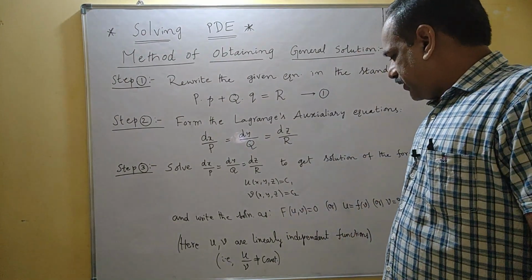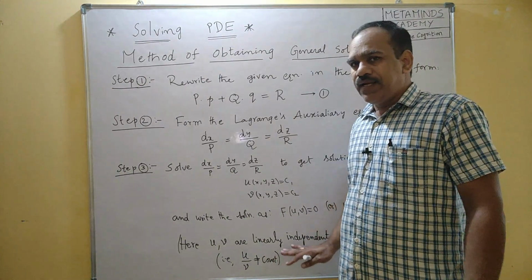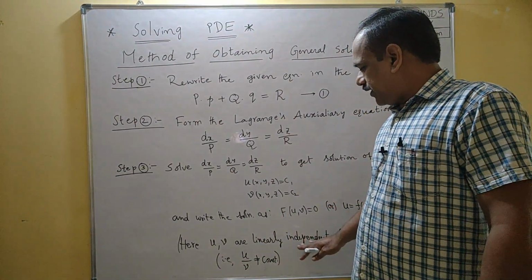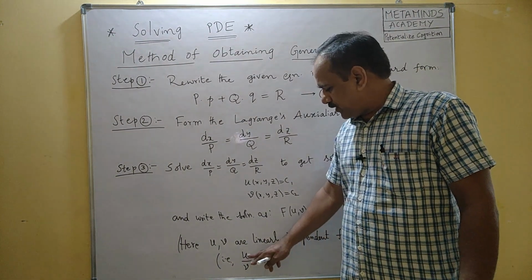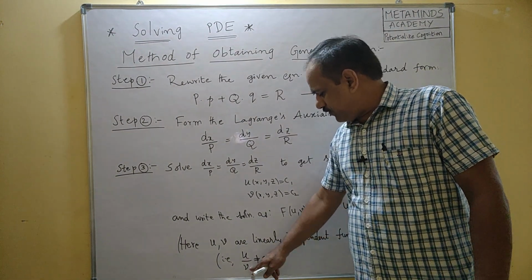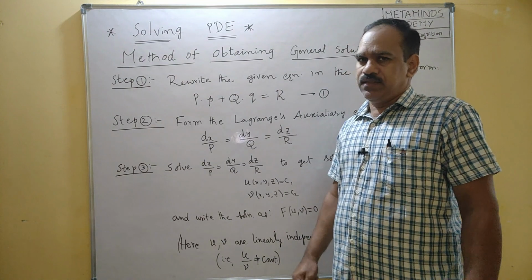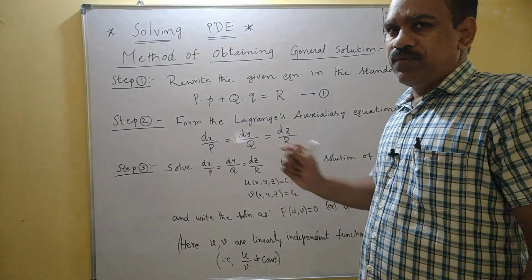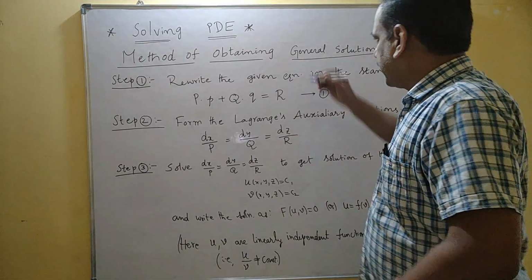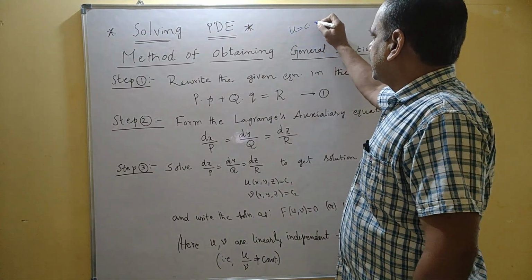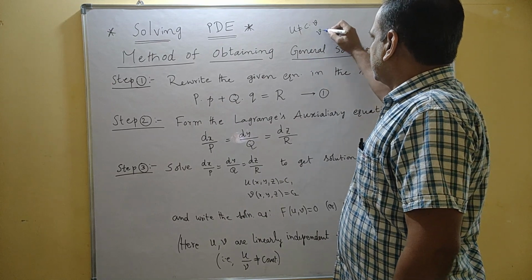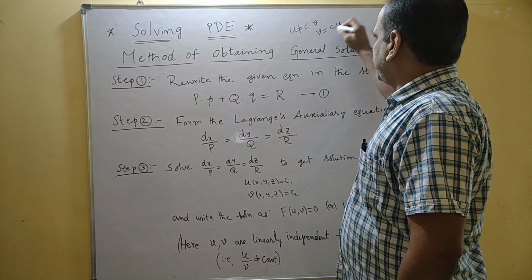Here what are u and v? u and v must be linearly independent functions. That means u by v is not a constant, that is, one function is not a constant multiple of the other. You cannot write u as a constant multiple of v or v as a constant multiple of u.